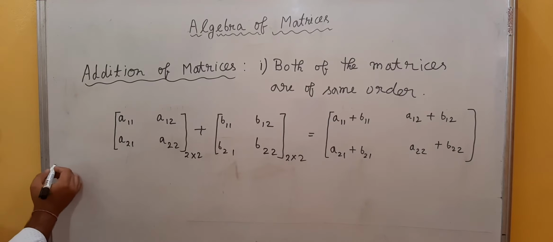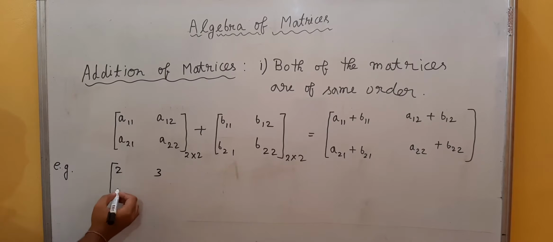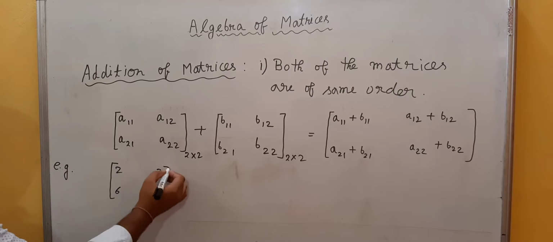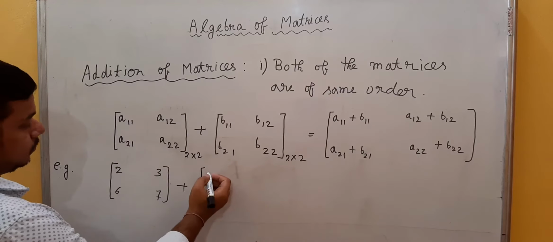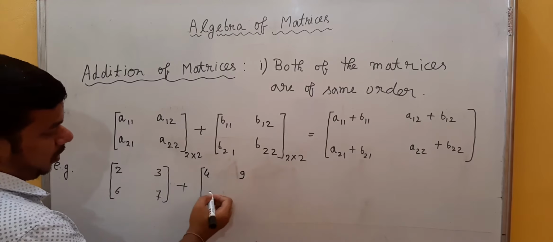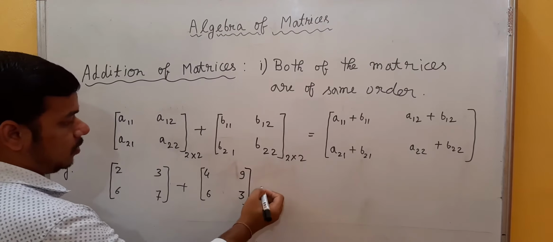Let us take an example. 2, 3, 6, 7 plus 4, 9, 6, 3. Right? So let us add.